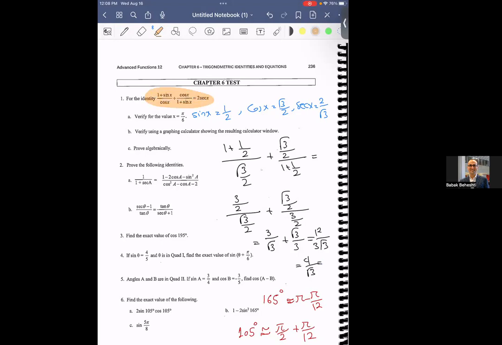And you can begin from the left-hand side. Okay? Can you do it, all of you? It's better to begin from the left-hand side and then simplify.